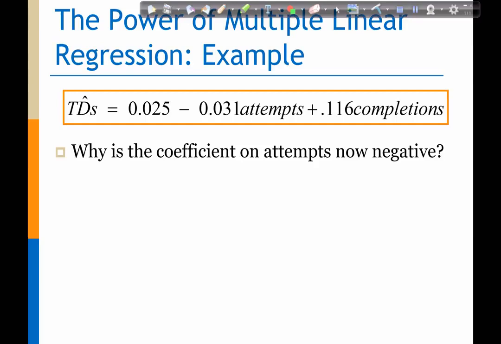So the way to interpret that coefficient on attempts is to say, okay, if I hold completions constant, but attempts goes up, what am I really saying? So hold completions constant.